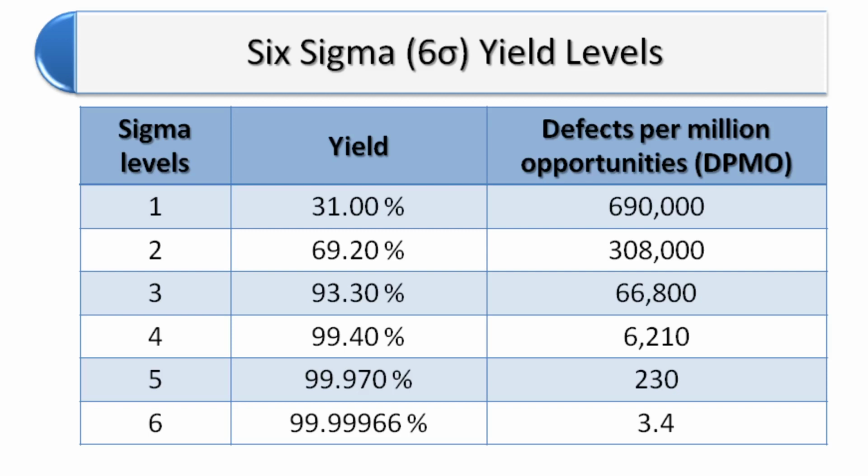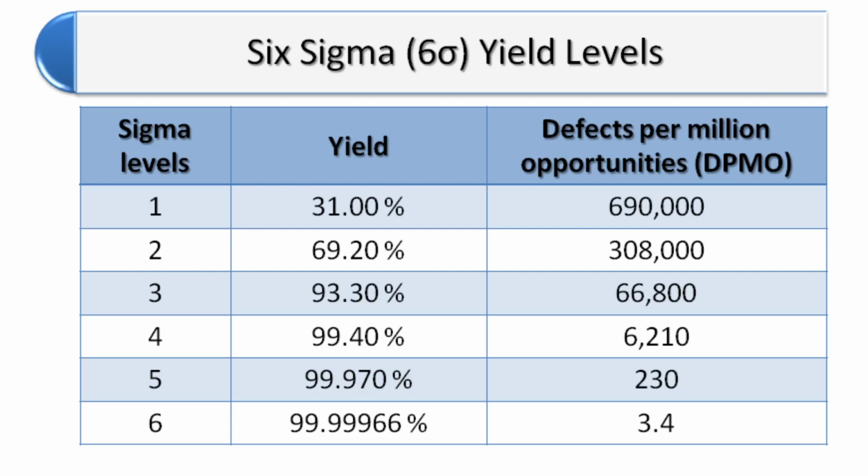Sigma level 5, what is that? You will get 99.970% products defect free. That means 230 products out of 1 million are defective. What about Sigma level 6? It is 99.99966% of products that are defect free.